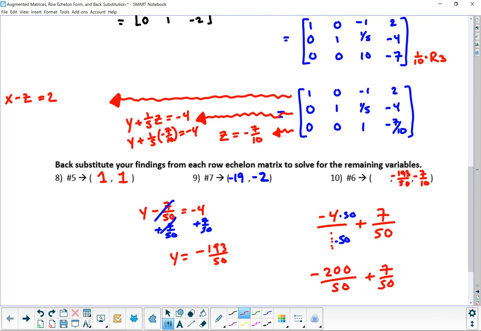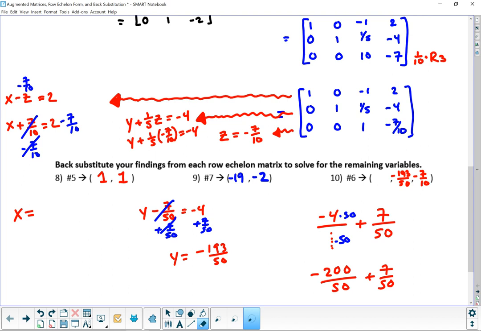And the z, since there's no y, because y is that big ugly number, but luckily we didn't get to use it. But z is negative 7 over 10. So we have x, and minus a negative is a positive 7 over 10 equals 2. And then we're going to have to subtract 7 over 10 from both sides. This is how you deal with the fractions. So you get x equals 2 minus 7 over 10.